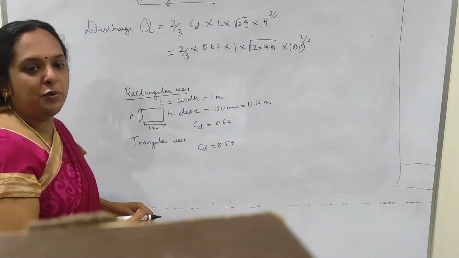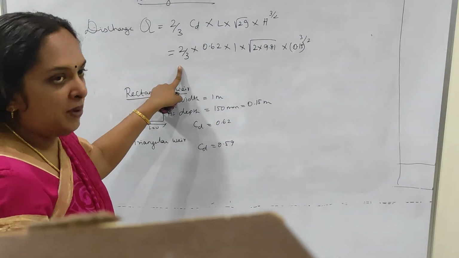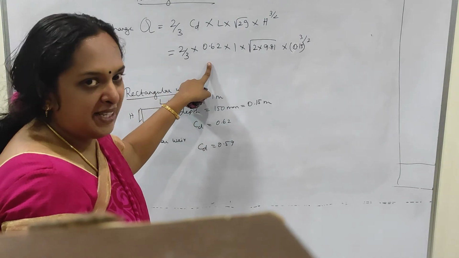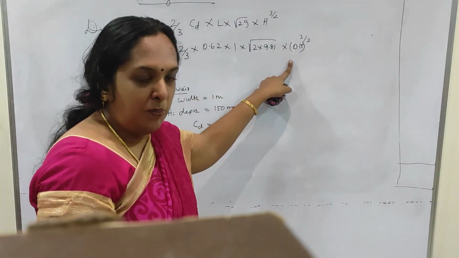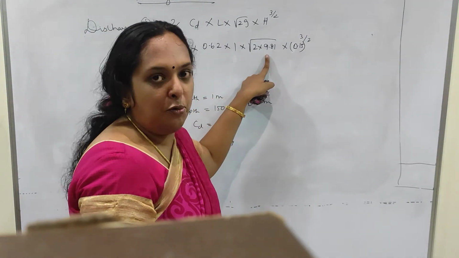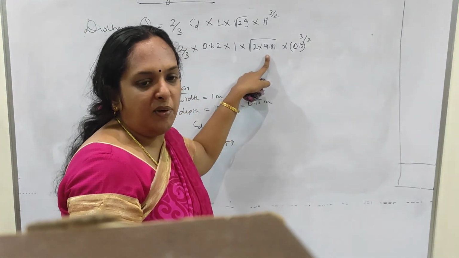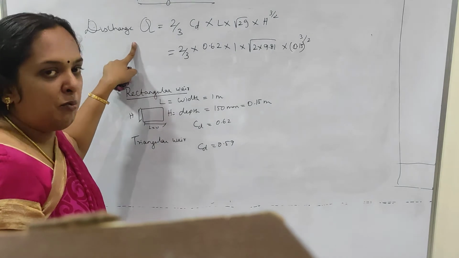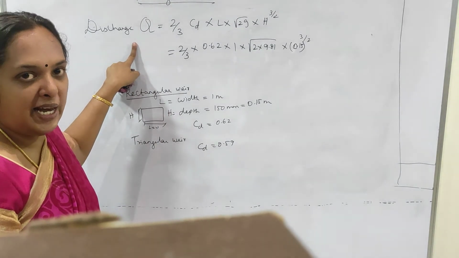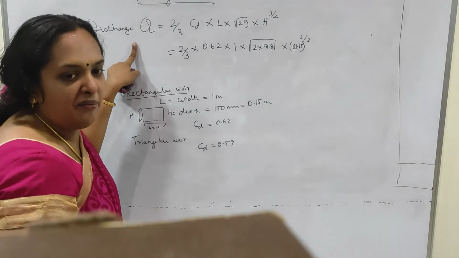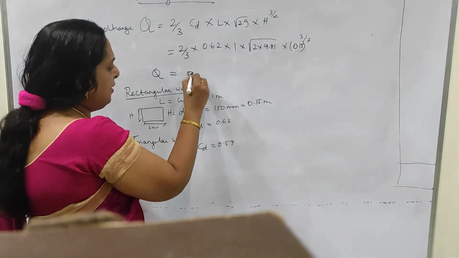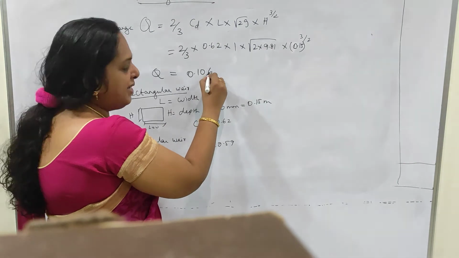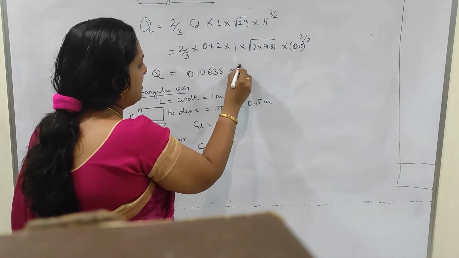I have just substituted the values: 2/3 into CD 0.62, length of my rectangular weir 1, and depth 0.15, into root of 2 into 9.81. When I substitute here, I get the discharge over my rectangular notch or rectangular weir, which is 0.10635 meter cube per second.